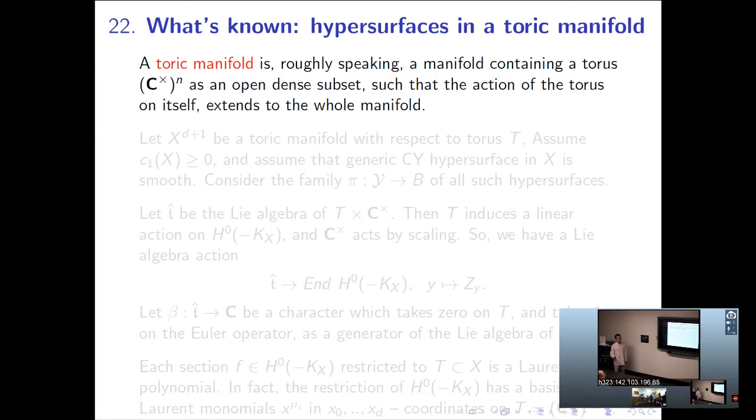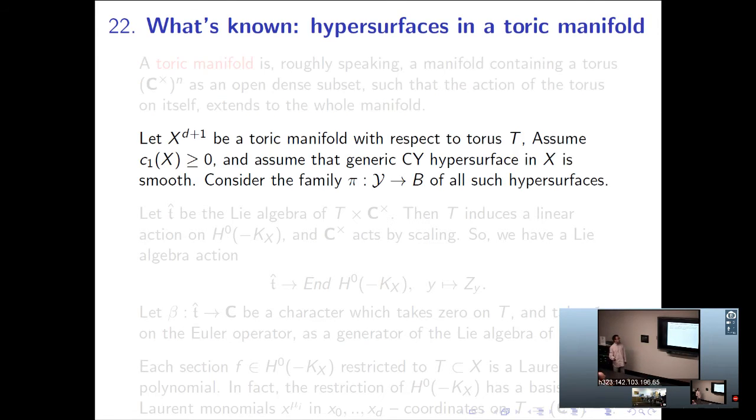So more generally, if we have a hypersurface family in a toric ambient manifold, which roughly speaking is a manifold that contains an open dense torus, whose action on itself extends to the whole manifold. Then in this situation, suppose X is such a toric manifold with respect to a torus T, and we look at the generic Calabi-Yau hypersurface in X. Look at this family.